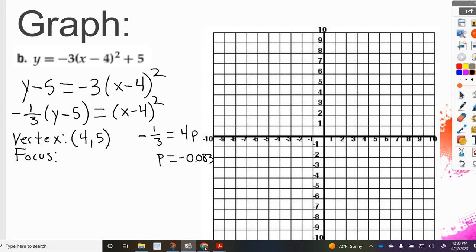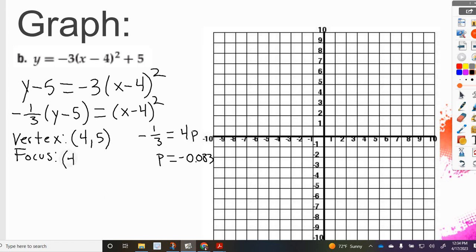So since my x is what's being squared and our p is negative, which way are we facing this time? It is vertical, but specifically if p is negative, it has to go down. Okay. But remind me, which one do I want to add p to? The 4 or the 5? The 5, because we're vertical this time.